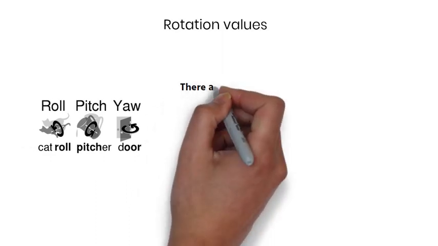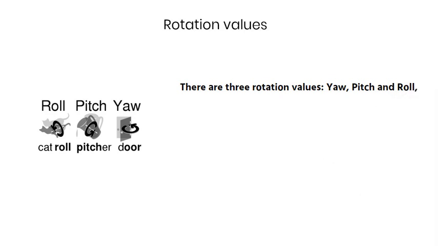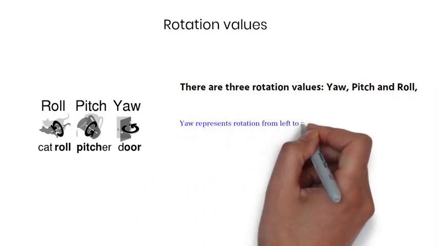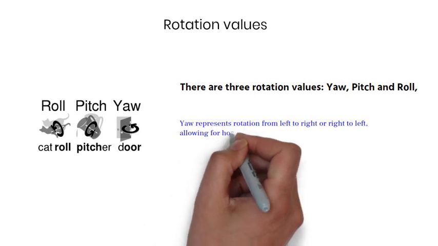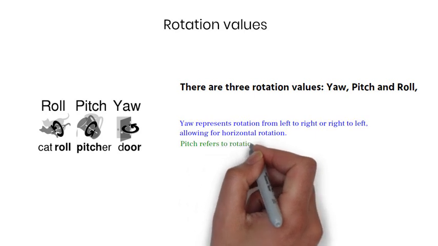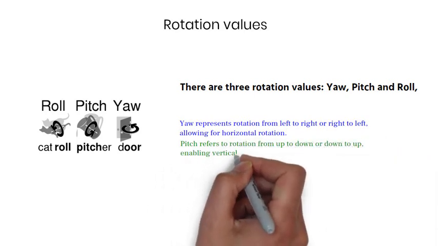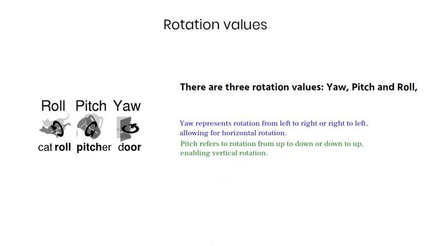Now, let's quickly cover the rotation values commonly used in games. There are three rotation values: yaw, pitch, and roll. Yaw represents rotation from left to right or right to left, following the horizontal rotation. Pitch refers to the rotation from up to down or down to up, enabling vertical rotation.